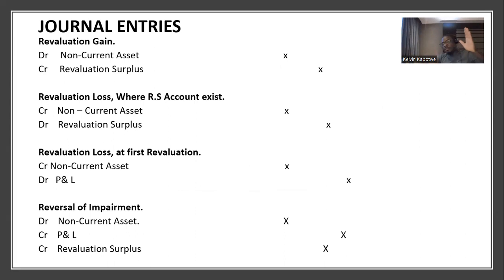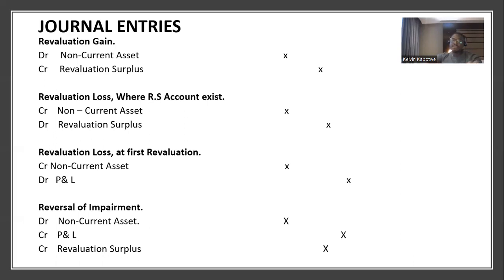So on the credit side, you've got capital plus liabilities. Remember, capital is a liability because the owner's equity actually is the money that the owners have put in the business. As such, we consider it as a liability to the business. Okay, so debit asset, credit revaluation surplus.